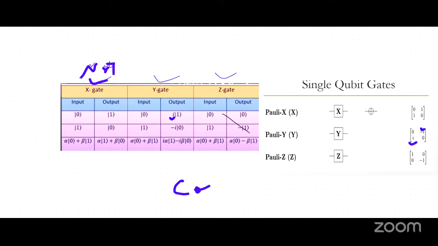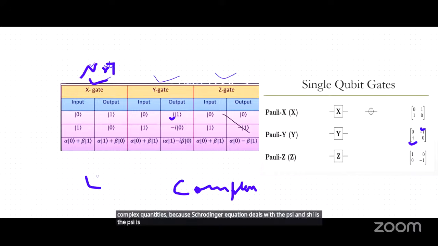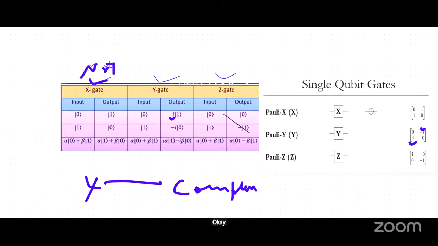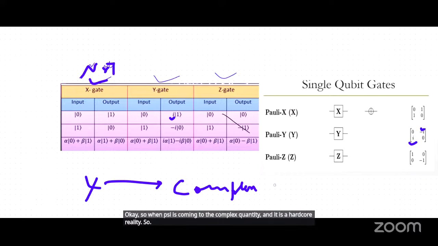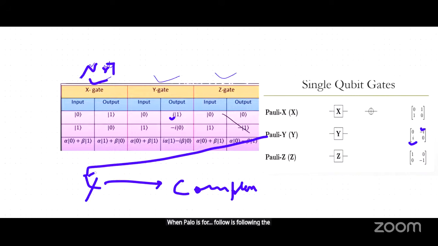The Schrodinger equation deals with psi, and psi is a complex quantity, a hardcore reality. So Pauli, following Schrodinger, also gave this concept of I. This is coming in the derivation.